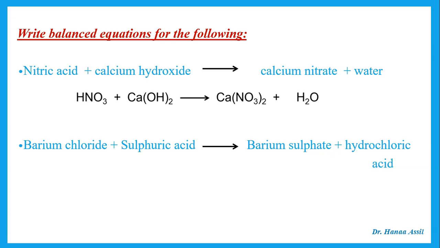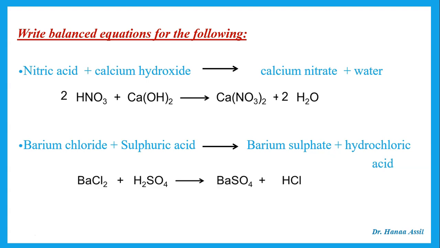After the arrow, I have only 2 hydrogens. I need to increase the one that is less. So that means I need to put 2 in front of the HNO3 because that will give me 2 nitrogens, and 2 in front of the water, so that now I have 4 hydrogens after the arrow, and a total of 4 hydrogens before the arrow.